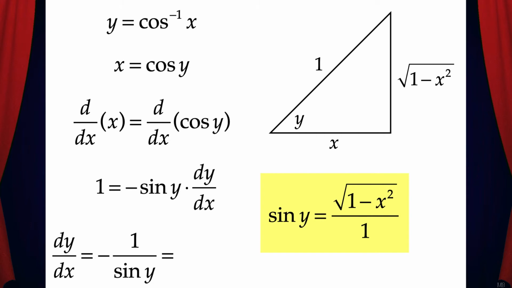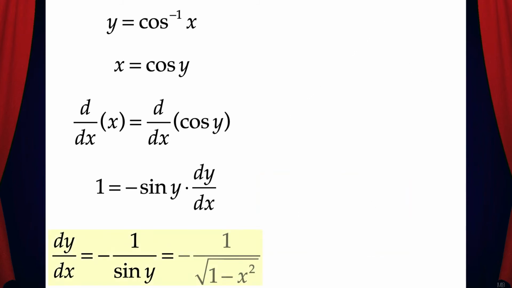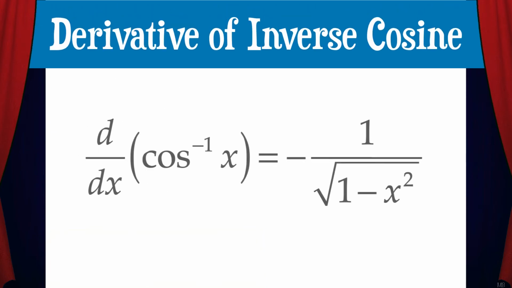And that's the square root of 1 minus x squared over 1. That means dy dx, which is negative 1 over sine y, equals negative 1 over the square root of 1 minus x squared. And so we can summarize. The derivative of cosine inverse x equals negative 1 over the square root of 1 minus x squared.